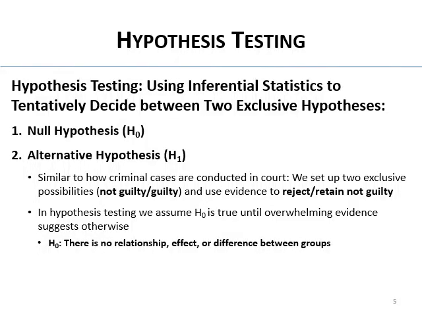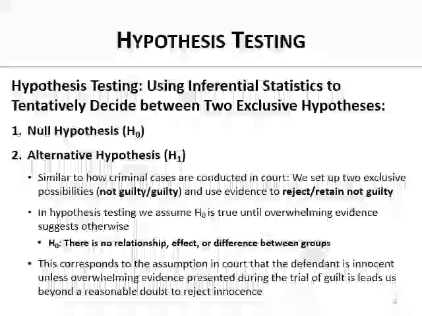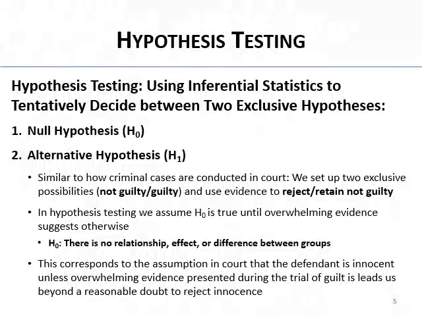So the idea is that no relationship is always a part of the null hypothesis, regardless of what else you think you might find. Again, this corresponds to the assumption in court that the defendant is innocent unless overwhelming evidence is presented during the trial of guilt, and it leads us beyond a reasonable doubt to reject their innocence.